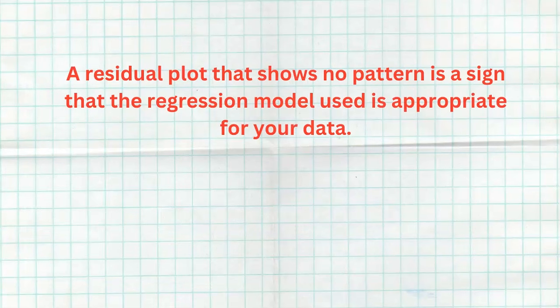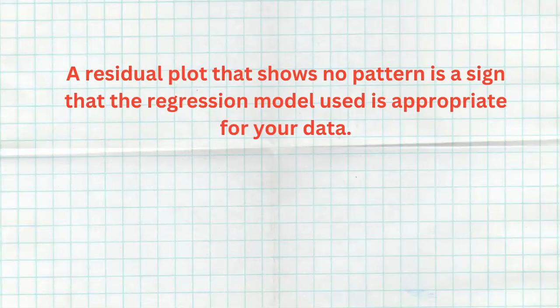So it's really important to note that a residual plot that shows no pattern is a sign that the regression model used is appropriate for your data. That's a big-time multiple choice question. They might show you a couple of different residual plots and say, which one indicates that our model is most appropriate? The one that looks the most scattered. Again, we want positive, negative, big, small.